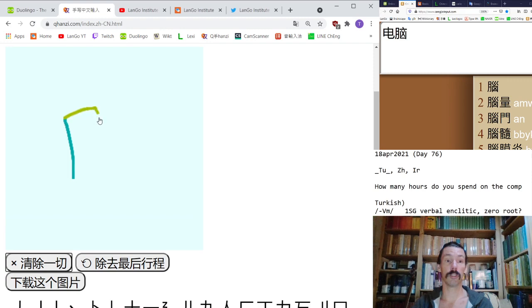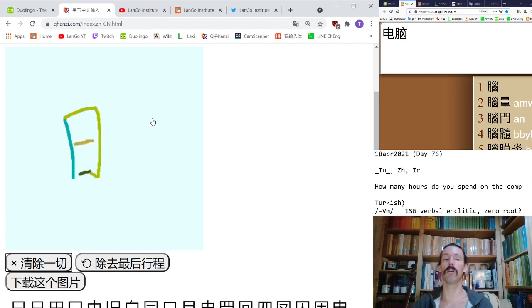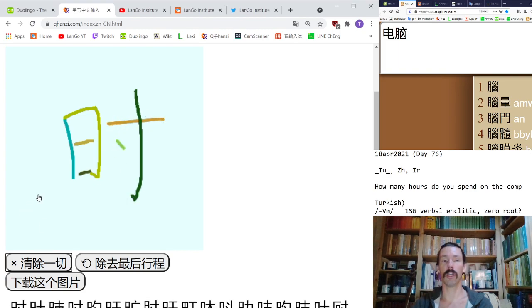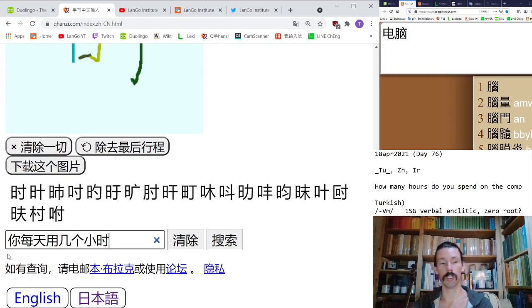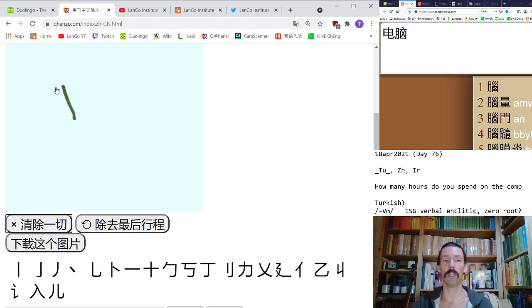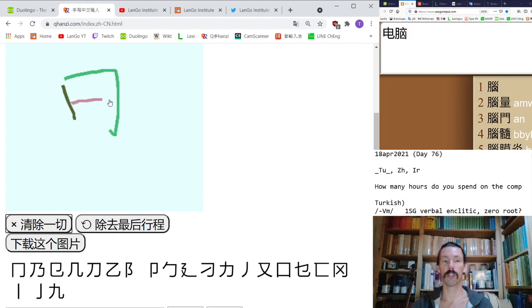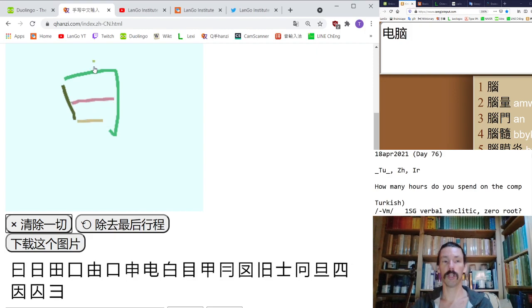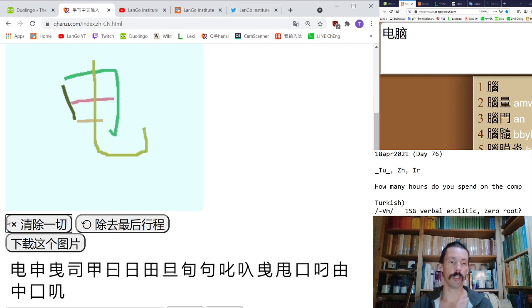And 时 is simplified by omitting the sun, just the A. Sorry, not the sun, the earth. And then the inch shape, which is DI. ADI here for 时. 你每天用几个时? 几个小时? How many hours? 电脑. 电. Just this enclosure and a through line there. No rain.